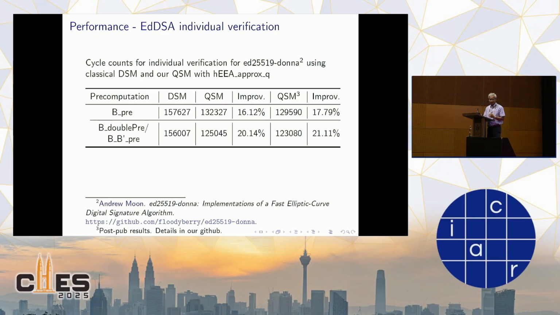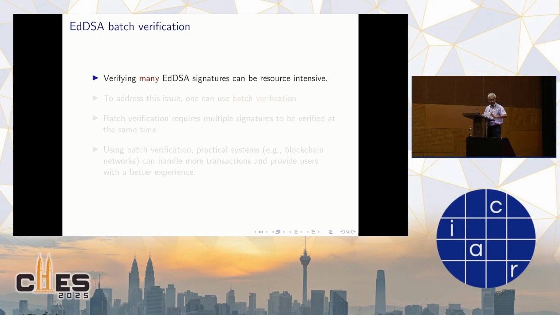And if you increase the pre-computation, then the improvement goes to 20%. And the second rightmost column indicates some recent results that we obtained after publishing the paper. With those results, the improvement goes even a little bit more. So that's for individual verification.